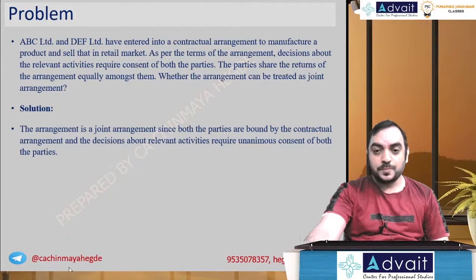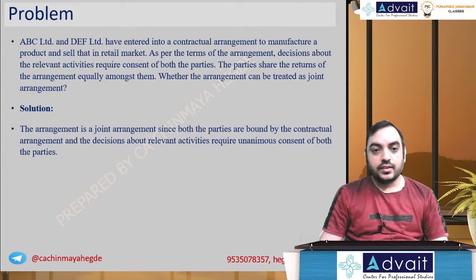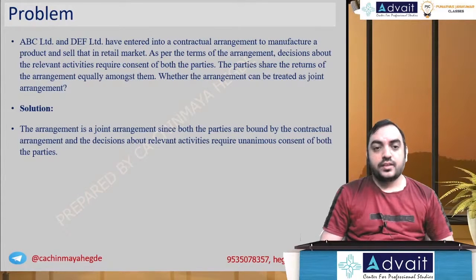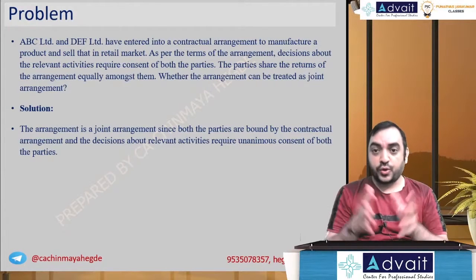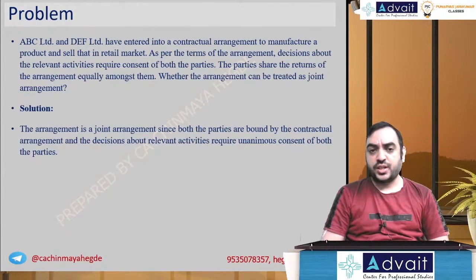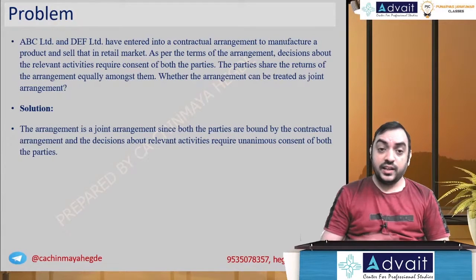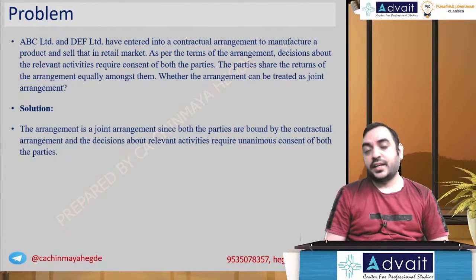Let's read this problem. ABC Limited and DF Limited have entered into a contractual arrangement to manufacture a product. They have come together and they are going to manufacture a product and sell that in the retail market.